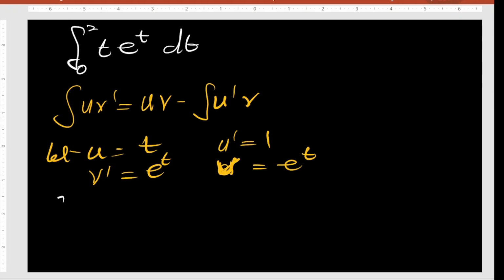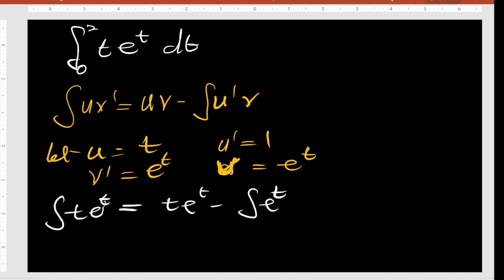So we are going to have the integral of our u, which is t, then our v derivative e exponent t, is equal to t for our u, then v, which is still e exponent t, minus e exponent t.